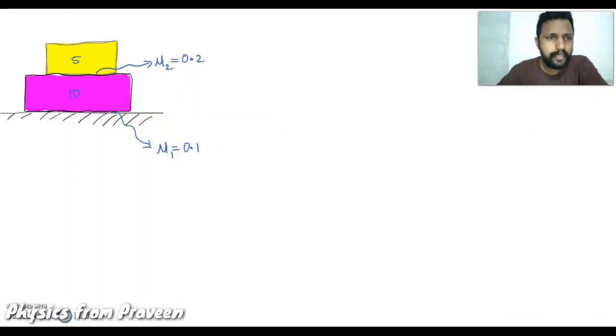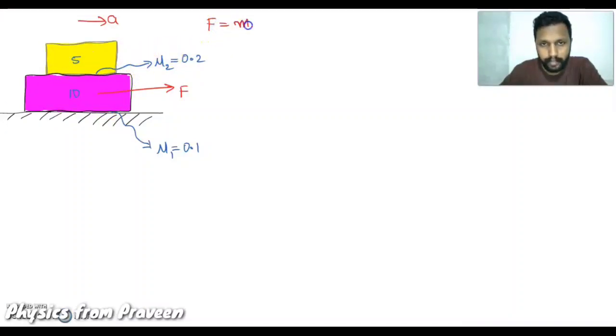Now the situation is similar: we have to apply a force on the 10 kilograms so that the system moves with a common acceleration a. What is the maximum force that can be applied on the system?